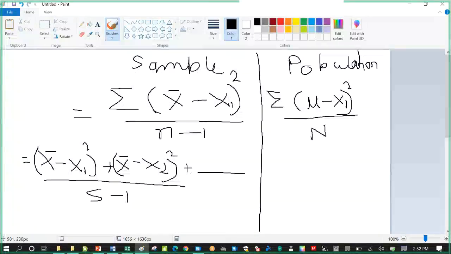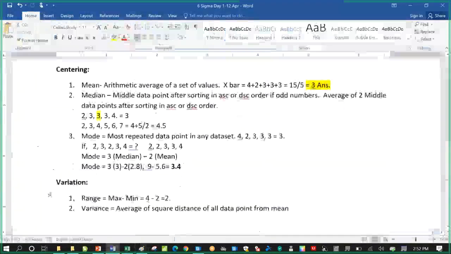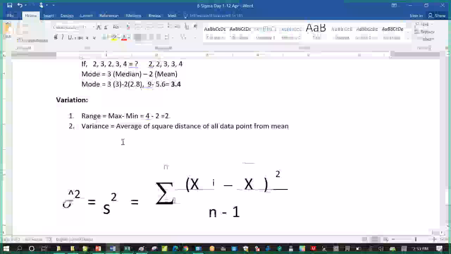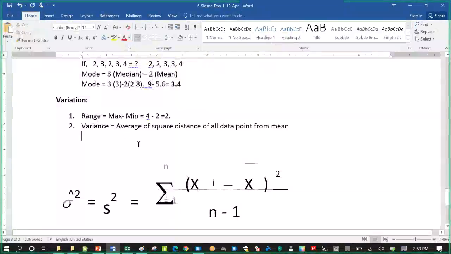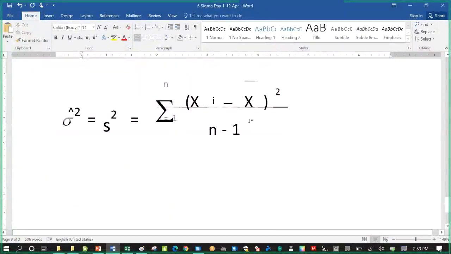Let me actually come back and do this calculation here itself. It will be very easy for you. So if I have to expand this.